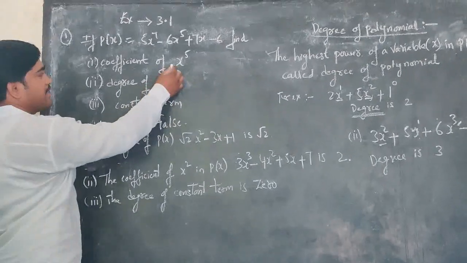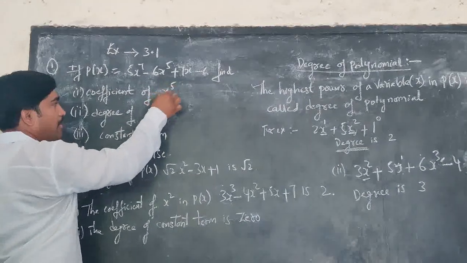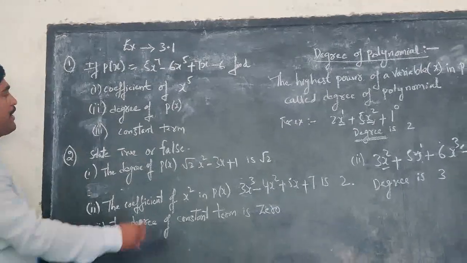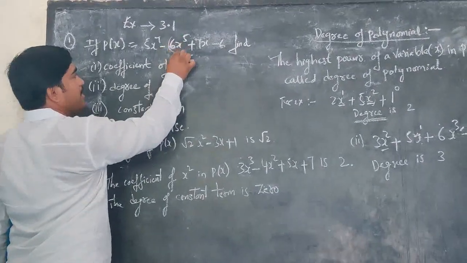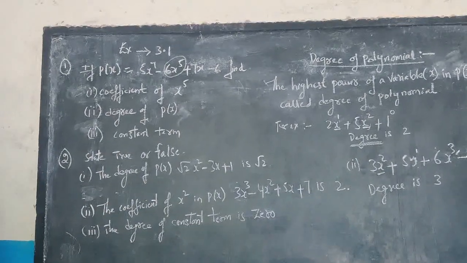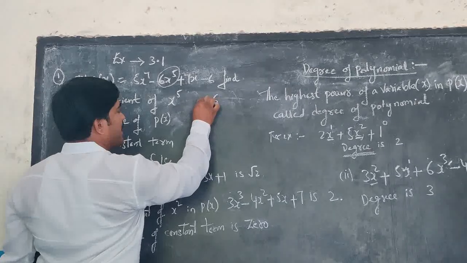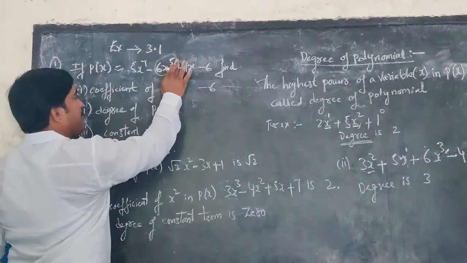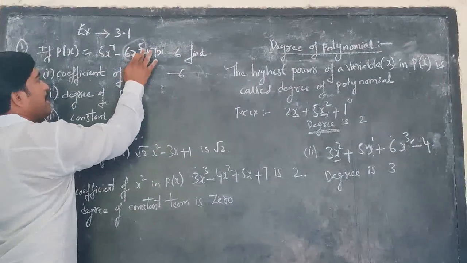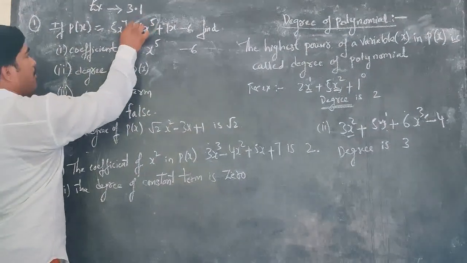Now the coefficient is nothing but whatever value is attached to the x power 5. If you observe here, where is the x power 5 term present? It is 6x power 5, and what is its sign? Minus 6. So I will take the coefficient, the value attached to the given variable x power 5, as minus 6.